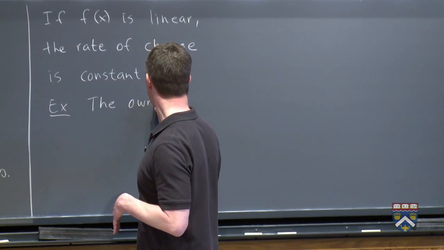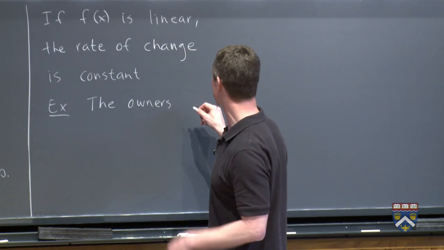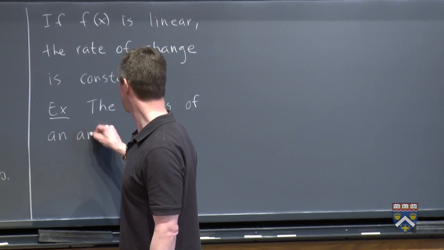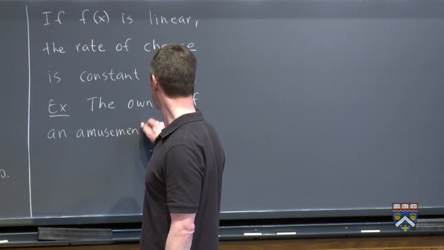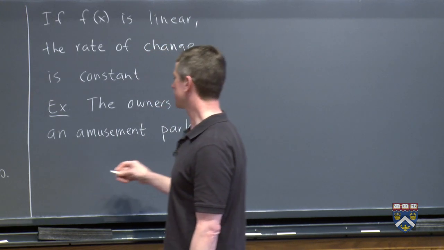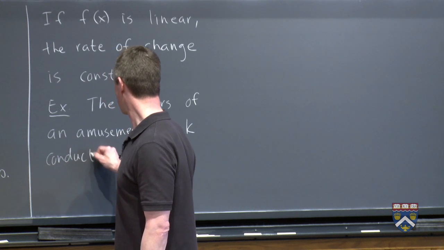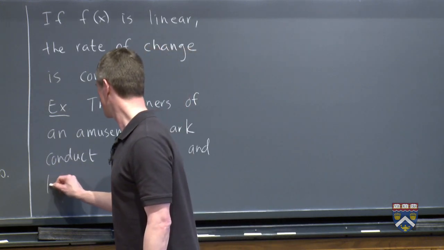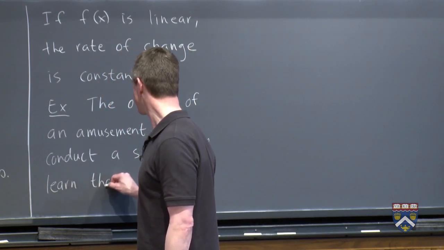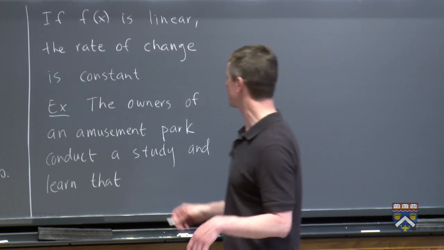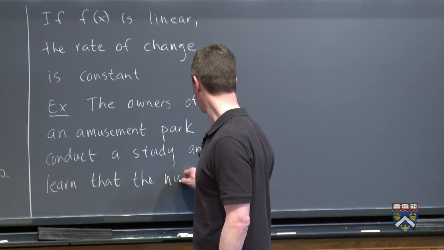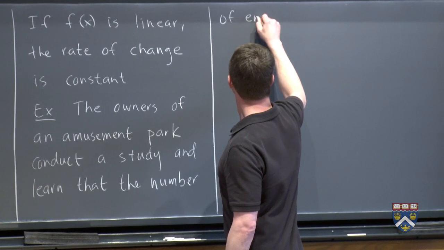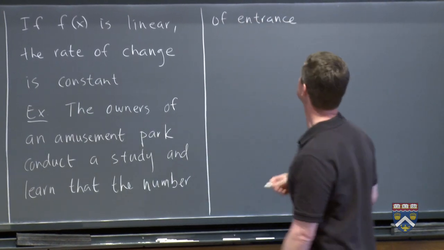So in our first example here, it's going to be about an amusement park. So imagine some park with a lot of roller coasters and merry-go-rounds and that sort of thing. The owners of an amusement park conduct a study and they find out that the number of entrance tickets they will sell, so the tickets to get into the park, is a linear function of something.